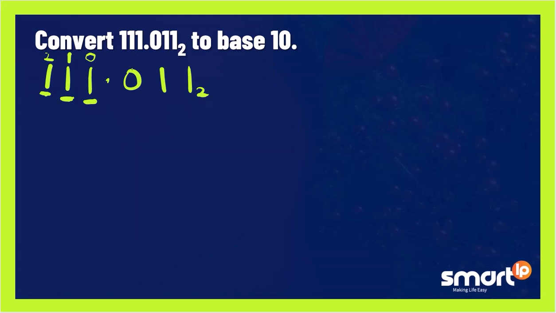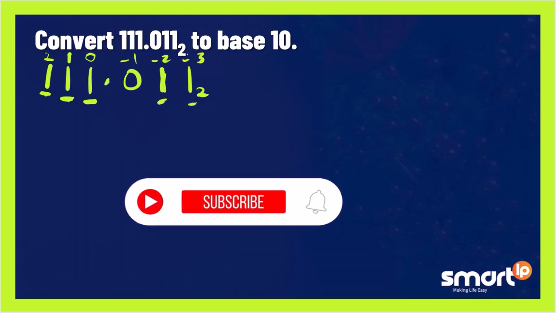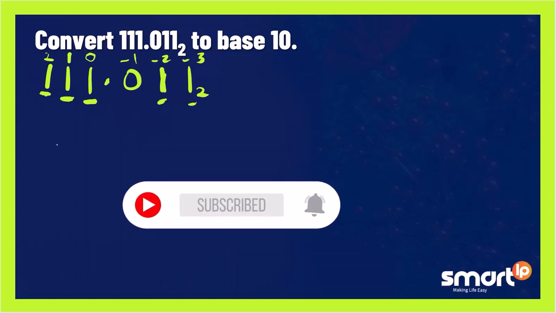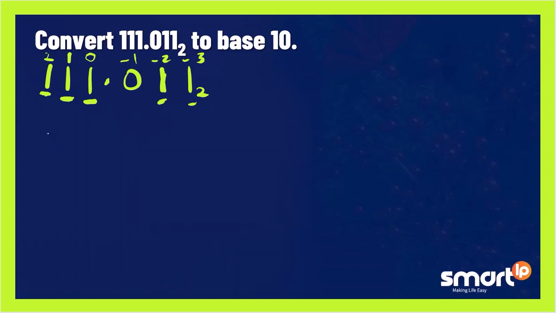Good job. So after the decimal point, the place value of the next digit is -1, and then immediately after that, the place value of this one is -2, and the place value of this is -3. Good job. So let's multiply now.